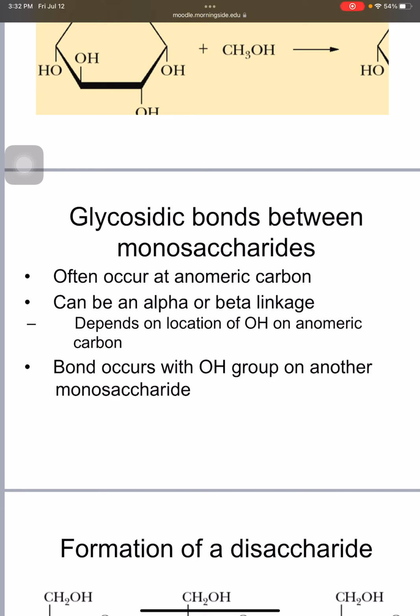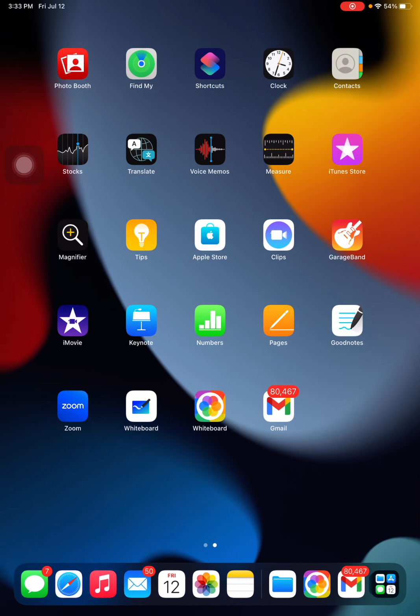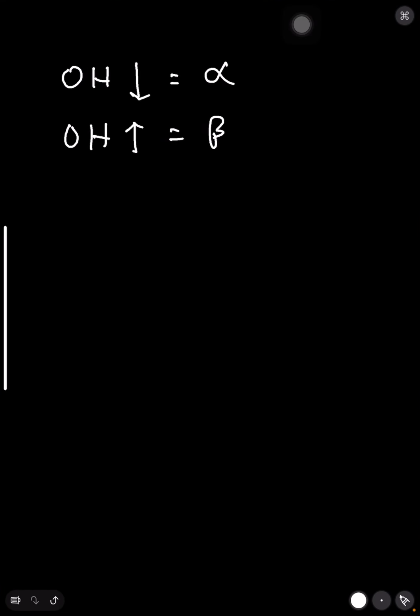Alright, let me pick up where we left off, talking about forming glycosidic bonds between saccharides, between monosaccharides. Remember what we talked about earlier: looking at the OH group on the anomeric carbon, it could be pointed down, in which case we refer to it as being in the alpha position. If it's pointed up, then it's in the beta position.